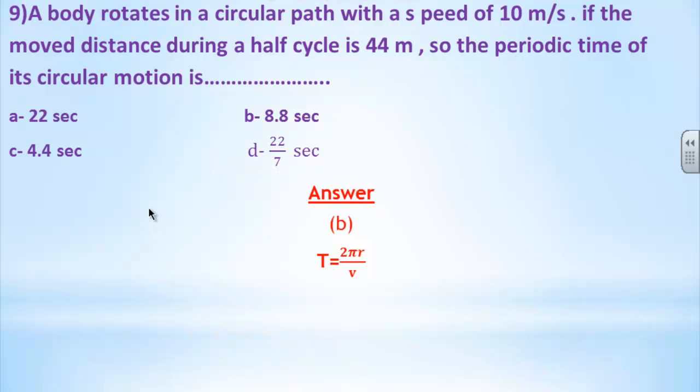Answer number B. Periodic time is the time which is required to make one cycle. So T equals 2 pi r over v. And we have here the distance of half cycle. I need the distance of one whole cycle. So 44 times 2 over 10 equals 8.8.